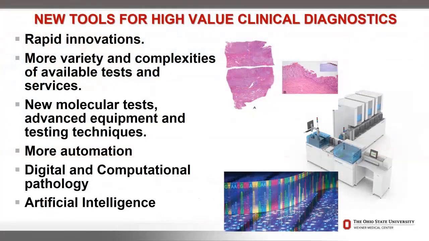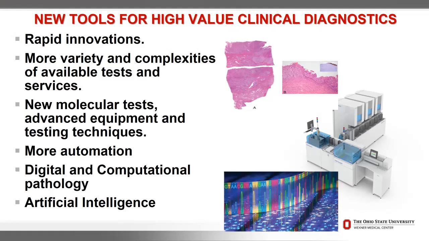So we have rapid innovations in pathology today. We have more variety and complexities of available tests and services than ever before. We have new molecular testing, advanced equipment and testing technologies, more automation, and we have digital and computational pathology, which contributes to the use of AI tools.